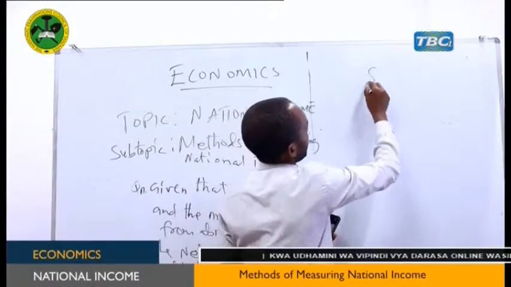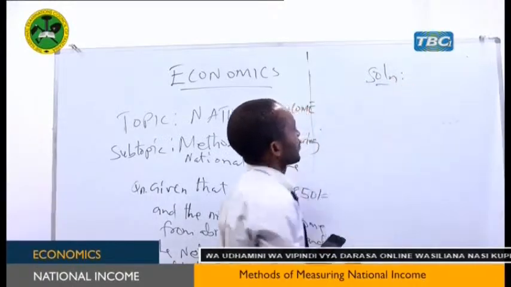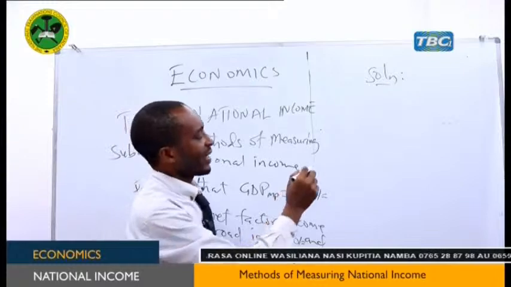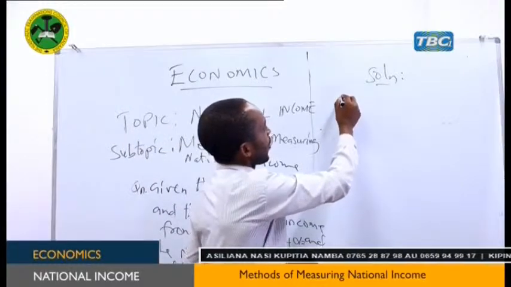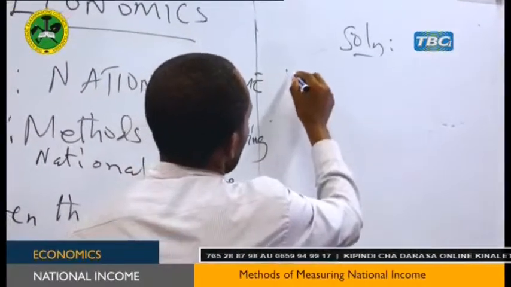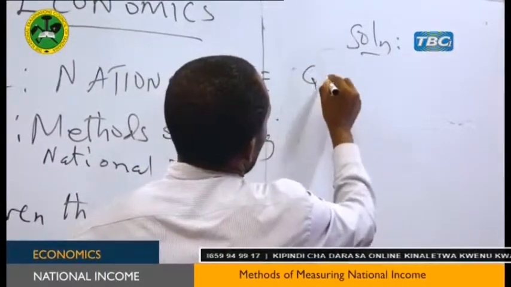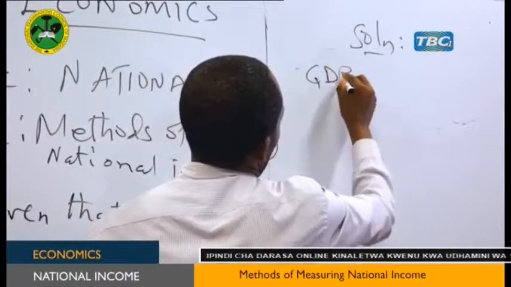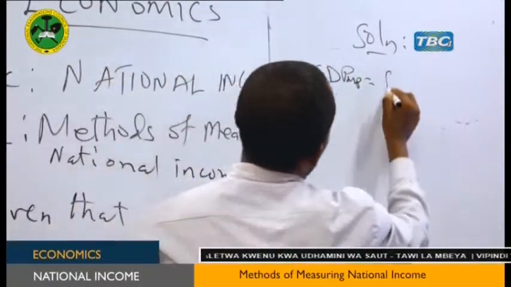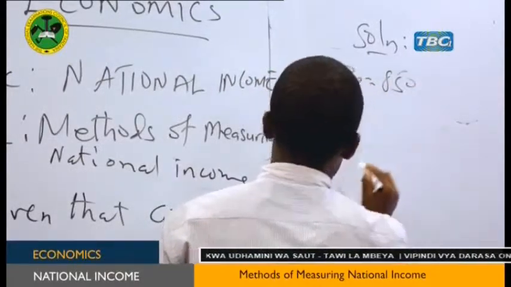The solution, we know that since here the information we are given is GDP at a market price equals 850.